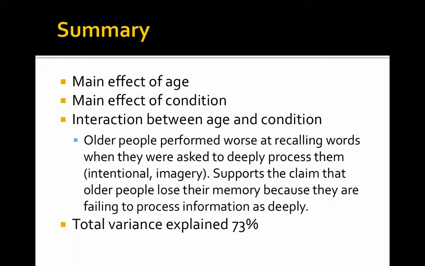And it supported the idea that older people might lose their memory because they fail to process information as deeply. Now that's an analysis that these researchers found that looks beyond just the simple statistics that we got here. But that comes from the paper that we're basing this data on. And using our R squared, the total variance that's explained by this analysis is 73%, which is pretty good.